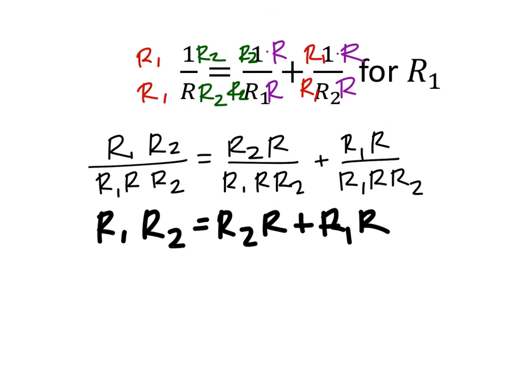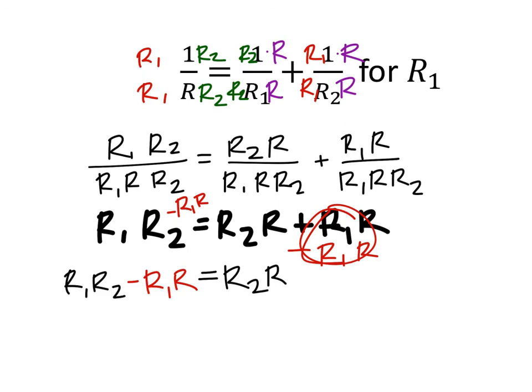Okay, well, we need to solve for R1, so I need all the R1s on their own side of the equation. So I'm going to need to subtract this R1 times R from both sides. So let me go ahead and rewrite this now, but this is canceled out. This is 0. And at this point, I'm going to factor out an R1 from both of these.